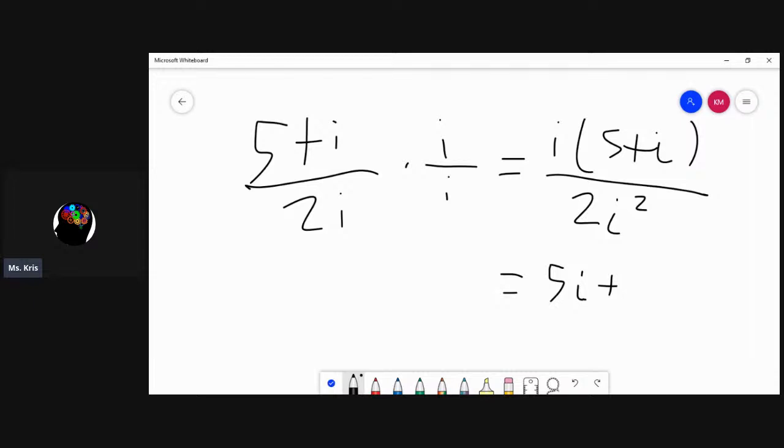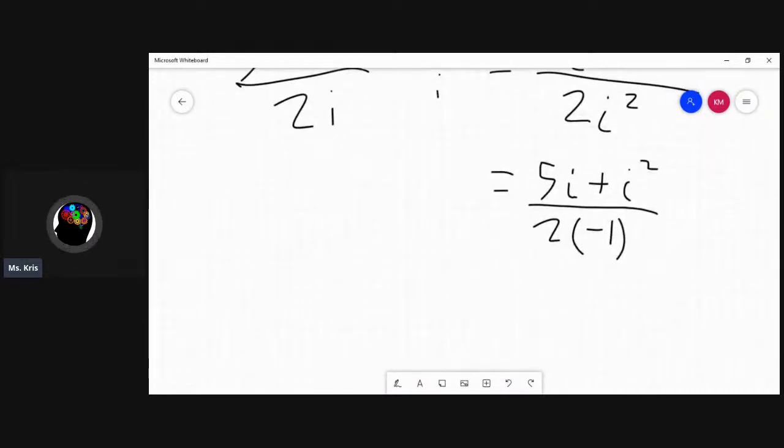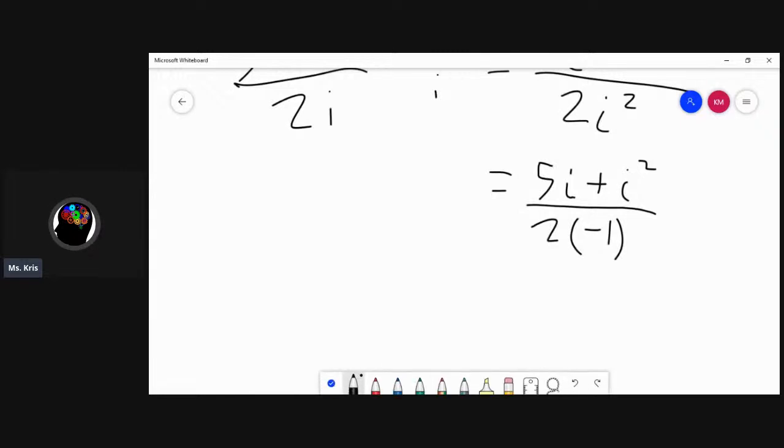If I distribute my i, that gives me 5i plus i squared all over 2 times a negative 1, because i squared is still negative 1. That equals 5i plus negative 1 all over negative 2.